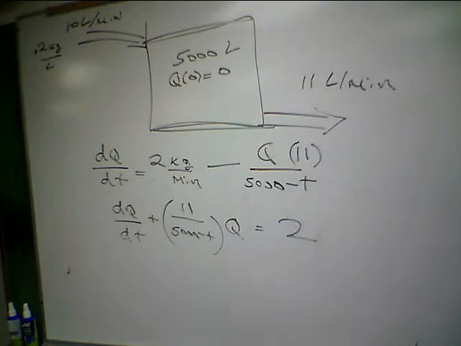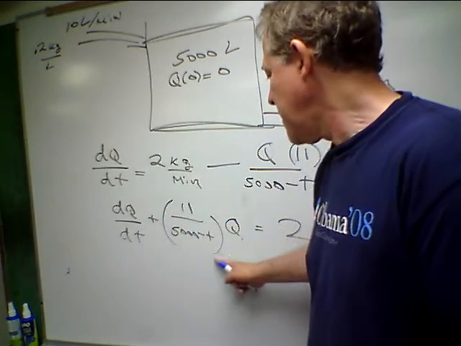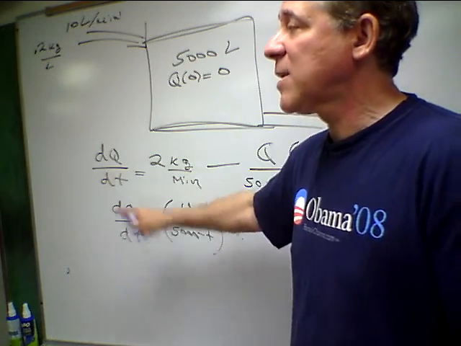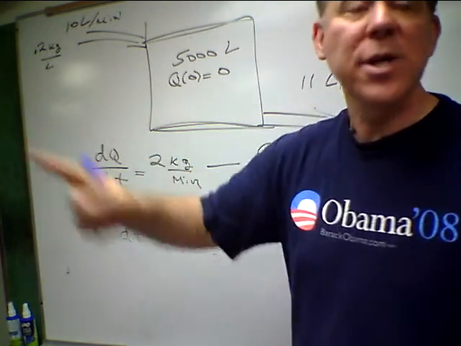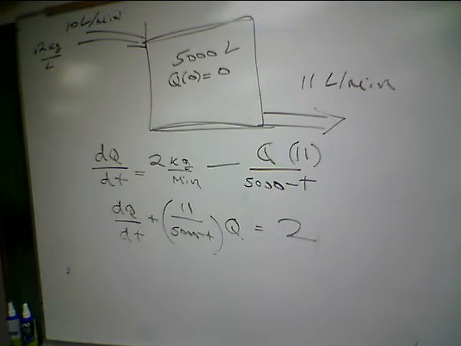If this was a minus, you'd have to make this your integrating factor with the minus sign. You'd have to include it in the integrating factor because the theory is based on a plus. So if you had a minus, you'd have to have the minus in here.